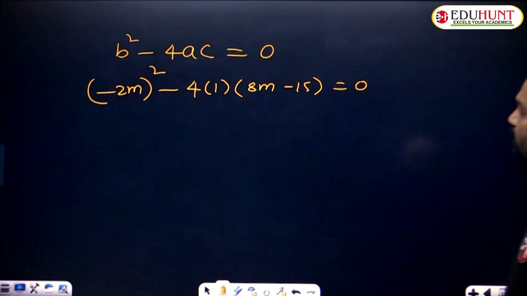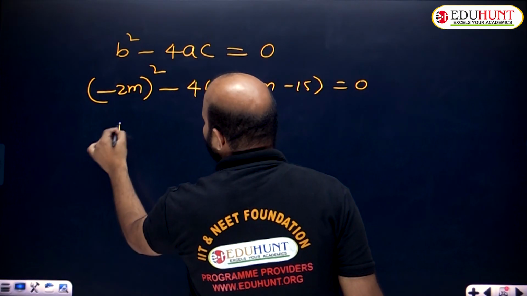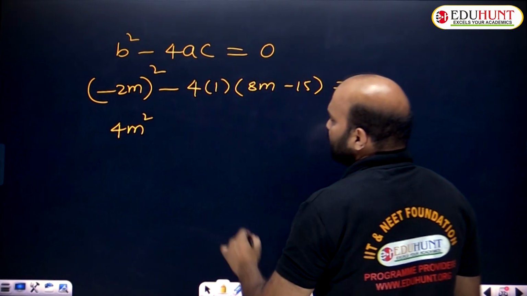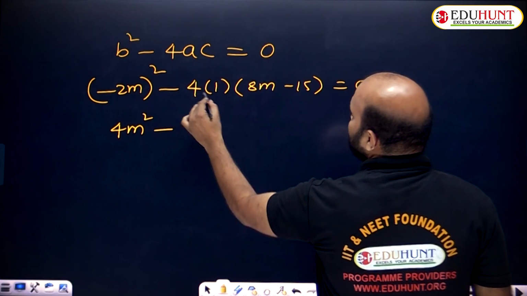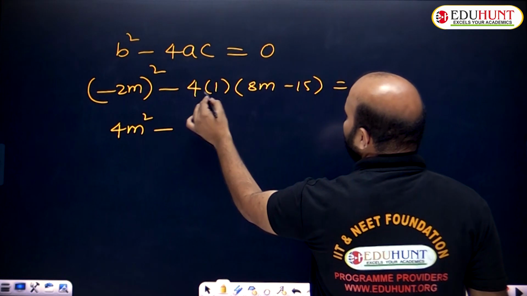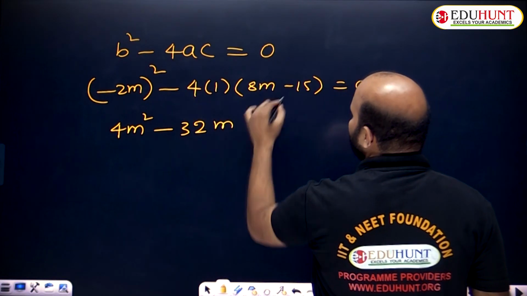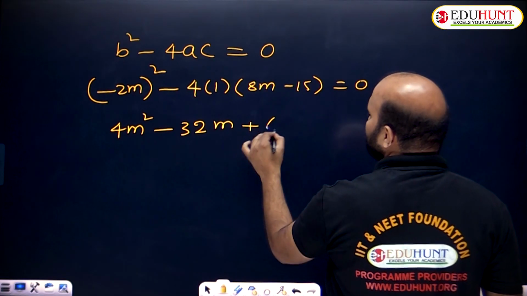So now it can be written as minus 2m whole square, nothing but plus 4m square, minus 4 into 1, 4 into 8m, minus 32m, again minus into minus, plus 4 into 15, 60.